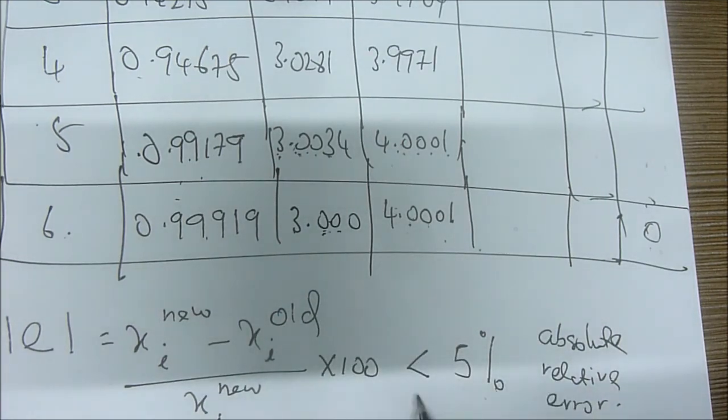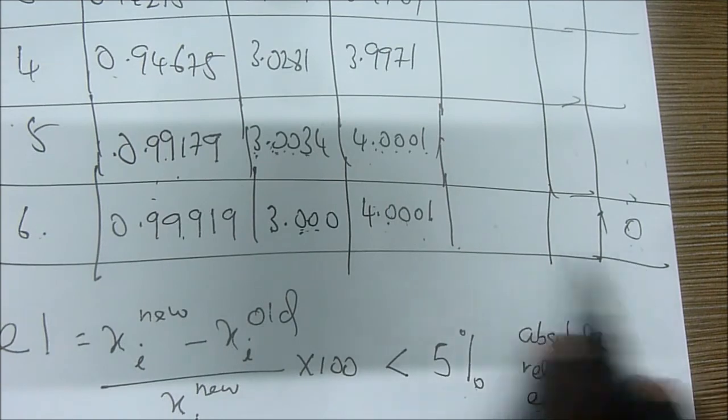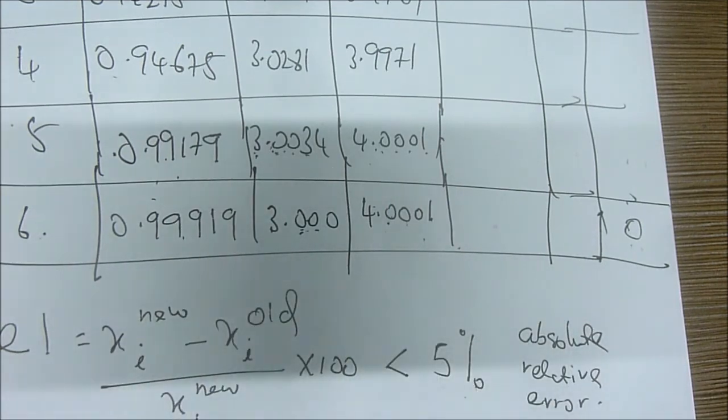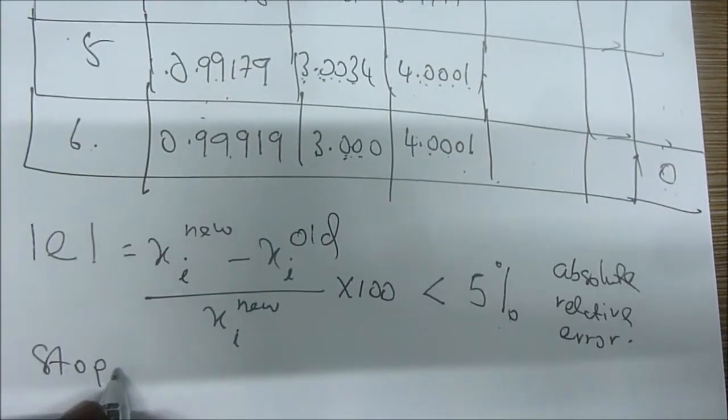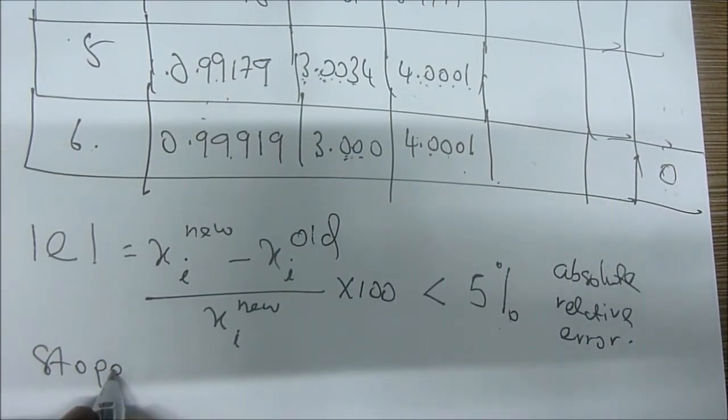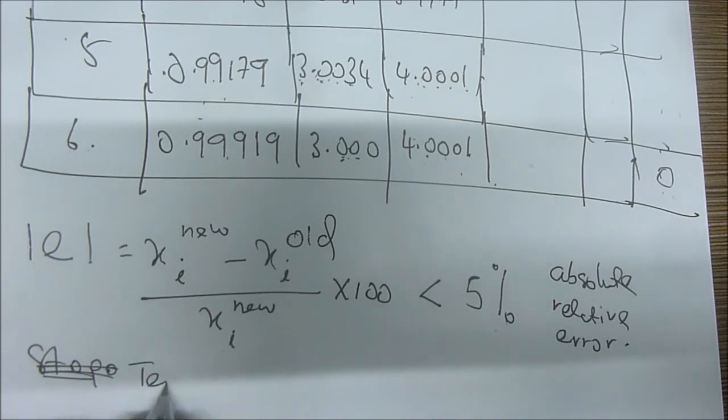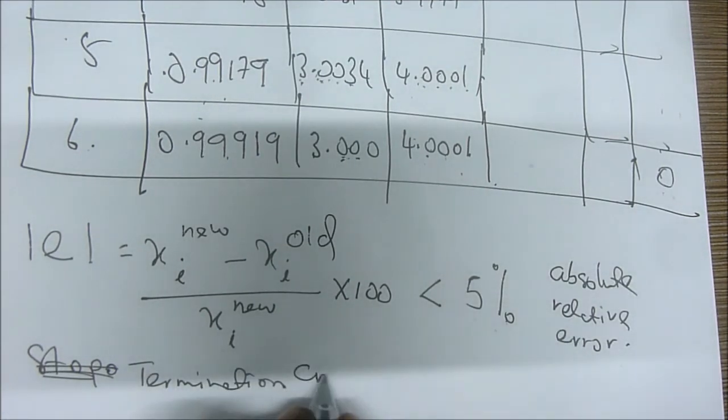Let's say in this particular case, if you stop here, because of this, there are the stopping criteria again. Maybe I just say termination criteria.